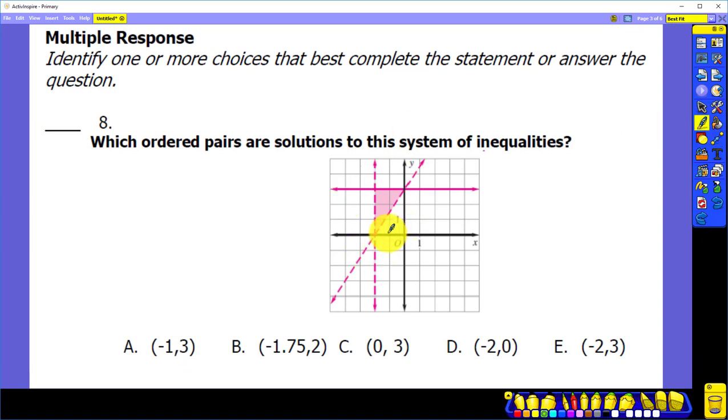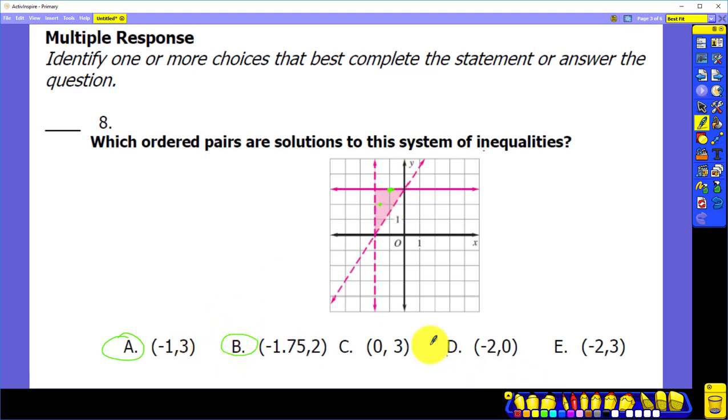My -1 is over here, 3 should be 1, 2, 3, this one over here. Since this point is on a solid line, okay, we are on the edge, solid line, this will be a solution. Okay, next, -1.75, which is somewhere here, -1.75, and then 2 over here. So this is also in the shaded area, so B will also be a solution.